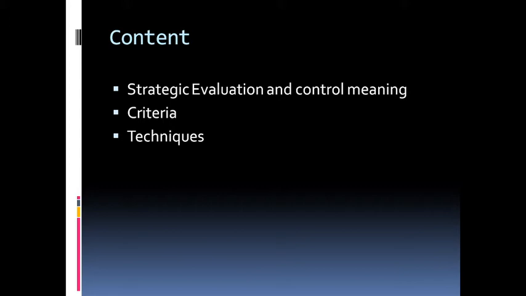Strategic evaluation and control is the final phase, the last step of the strategic management process. Its basic objective is to ensure that the strategy is achieving the goals and objectives set for it.